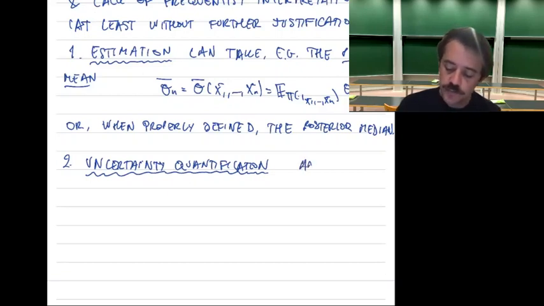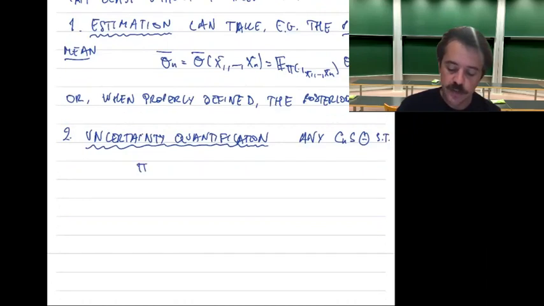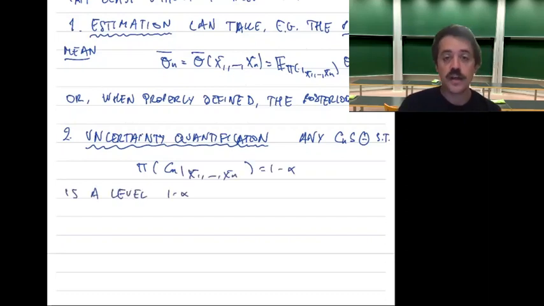So for any C n subset of capital Theta such that its mass under the posterior distribution is precisely 1 minus alpha, is what is called a level 1 minus alpha set.